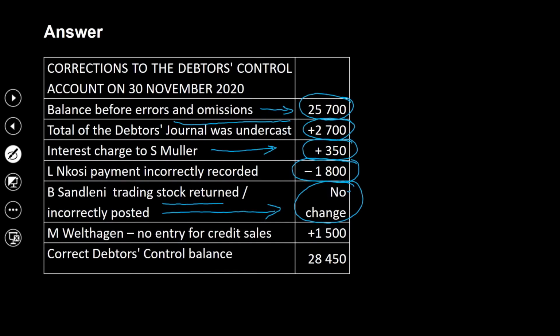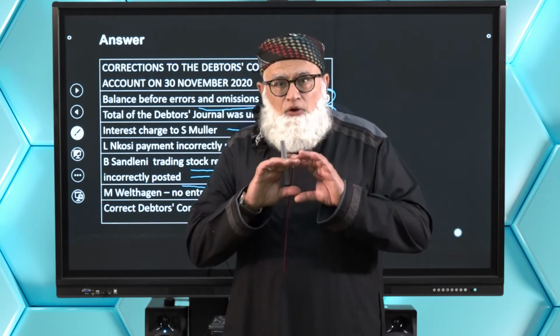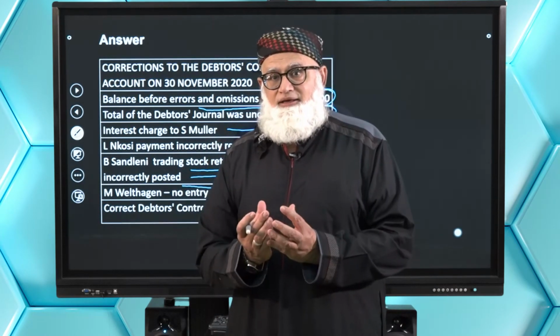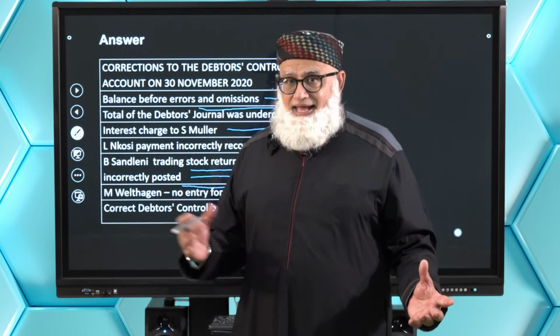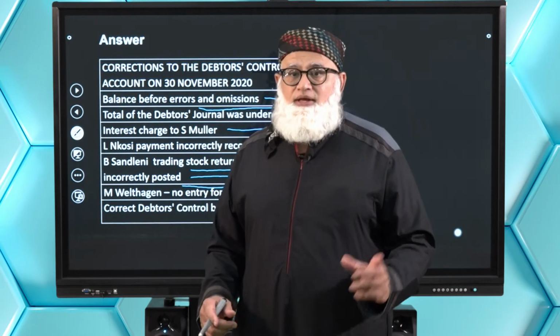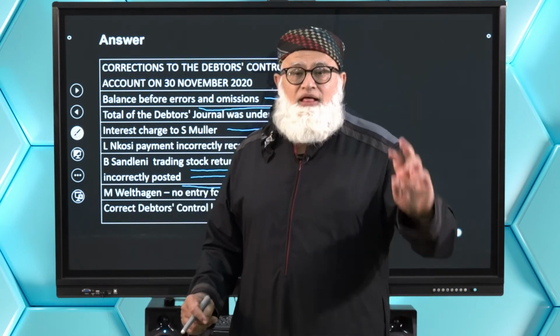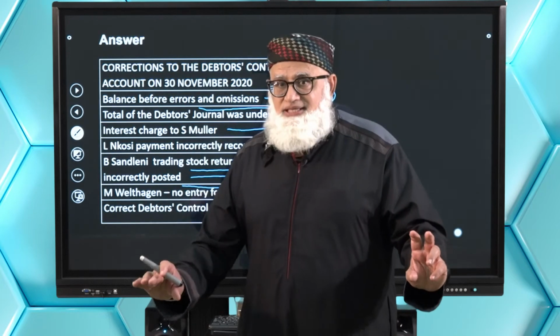And then finally, there was a transaction for Veldhagen where the entry was left out completely. And here again, I made you aware of the fact that if a transaction is left out in its entirety, the control account and the list will agree. Therefore, it needs to be corrected in both places, meaning the control account as well as the list.